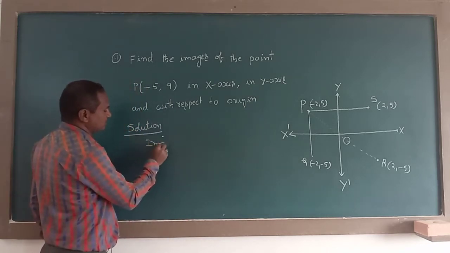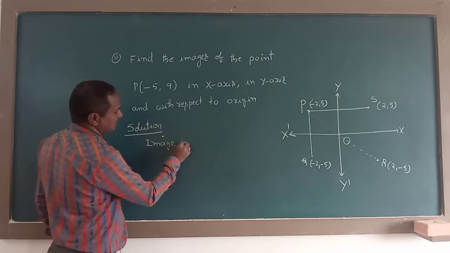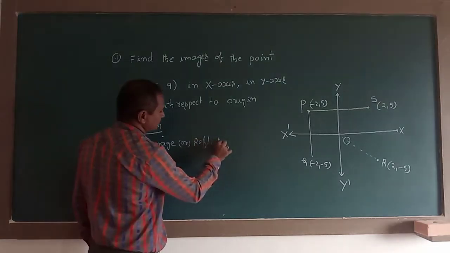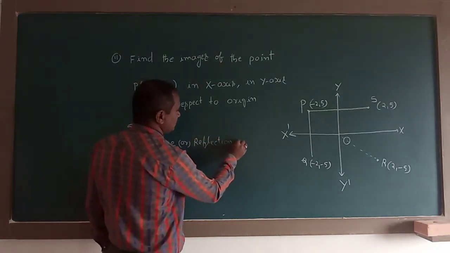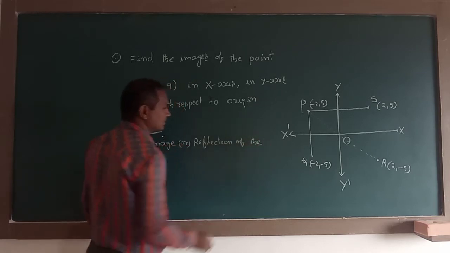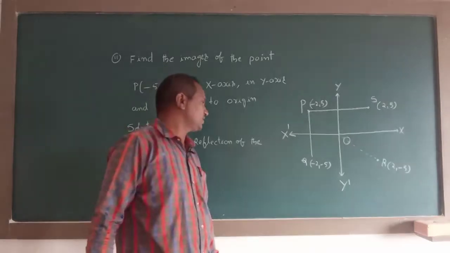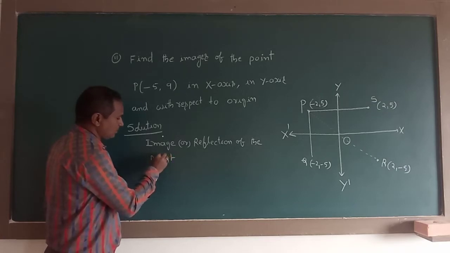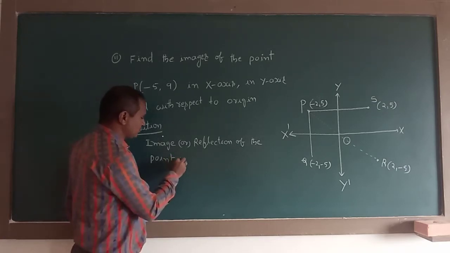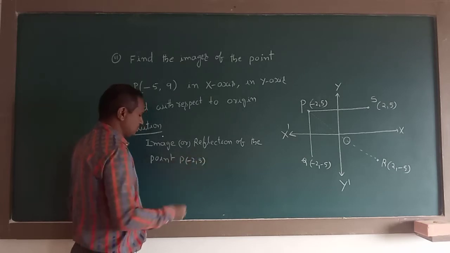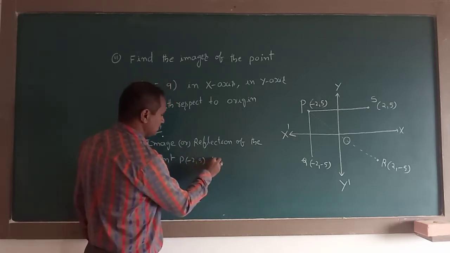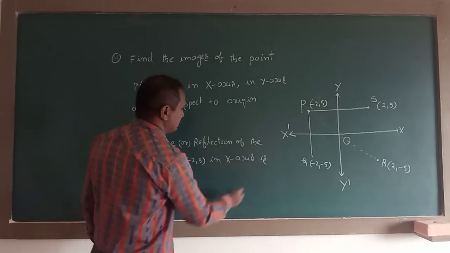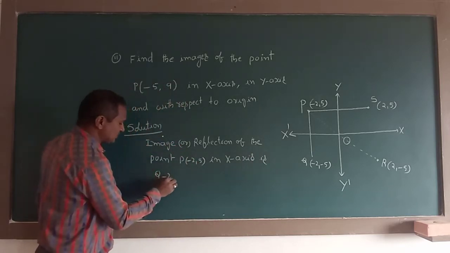Image or reflection, both are the same. The image or reflection of the point P(minus 2, 5) in the x-axis is Q(minus 2, minus 5).